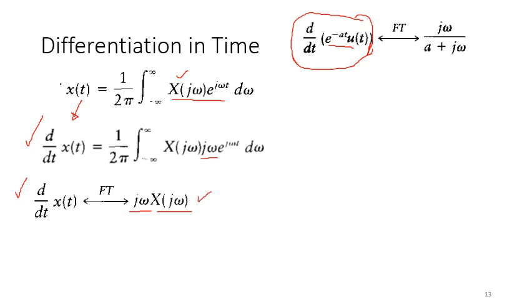So you understand the Fourier transform of e power minus at u of t is simply 1 over a plus j omega.